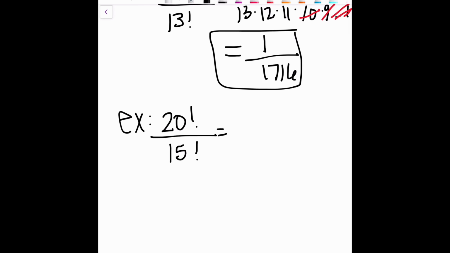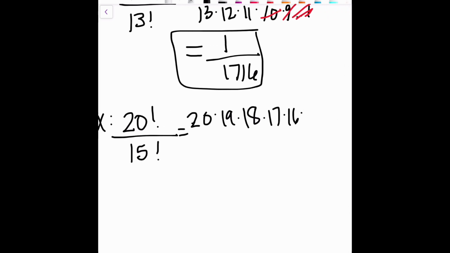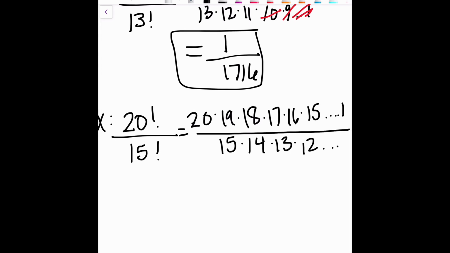So 20 factorial would be like 20 times 19 times 18 times 17 times 16 times 15, all the way down to 1. And then 15 factorial is 15 times 14 times 13 times 12, all the way down to 1.